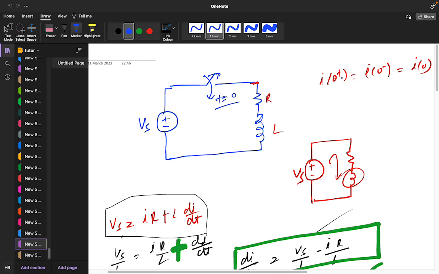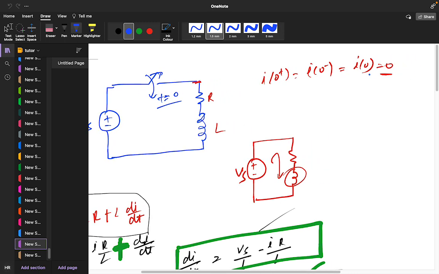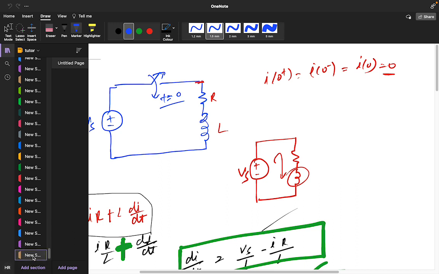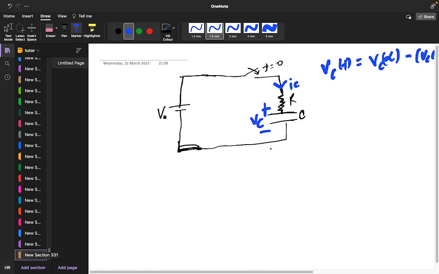We have chosen that I of 0 plus is equal to I of 0 minus is equal to I of 0. Here also, for Vc 0 plus, this switch was open, so the circuit is disconnected. Nothing is connected, no current is coming, so the Vc value will be 0.